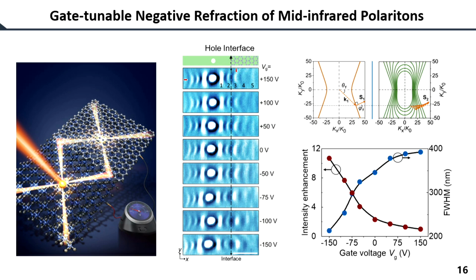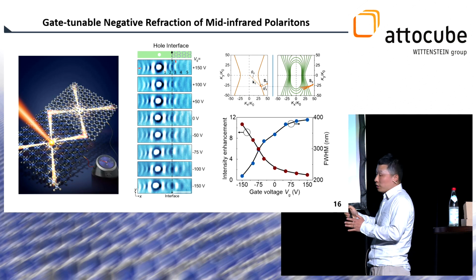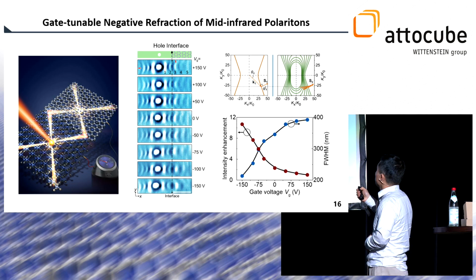And when we change the gate voltage, you can see that the wavefront changes from hyperbolic to a focus spot, right? And also you are analyzing the pointing wave vector. You can see that the pointing vector on the right part, after crossing the edge, the refraction angle can be smoothly shifted from the positive direction to the negative refraction.